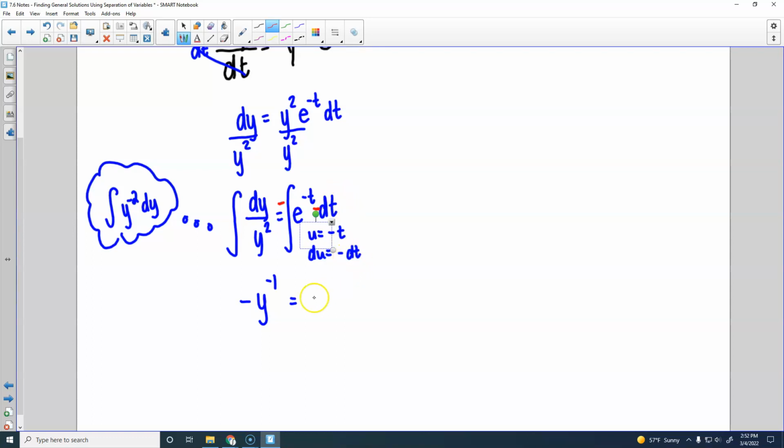When we integrate the e to the u, we get that same thing again. So we're just going to get negative e to the negative t there. If you don't do that little tiny u substitution, you won't have that negative that was out here. And we will put the plus c right here. If it was just e to the t, we would just do e to the t.